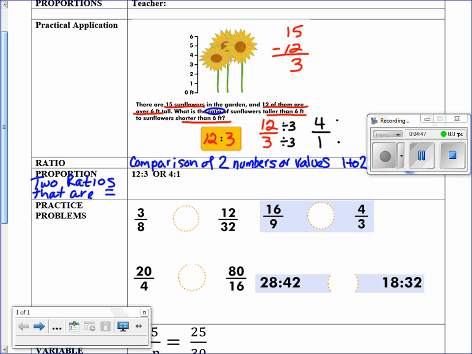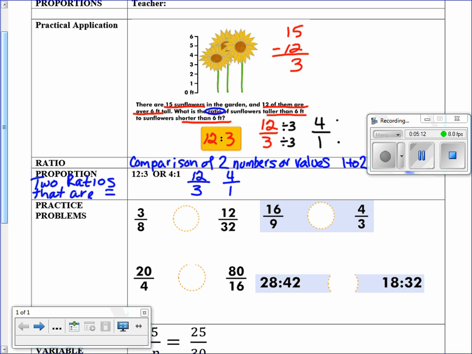A proportion is basically identifying two ratios that are equal. Well, we kind of already did that with our 12 to 3 or 4 to 1. I'm going to rewrite it as 12 over 3 and 4 over 1.